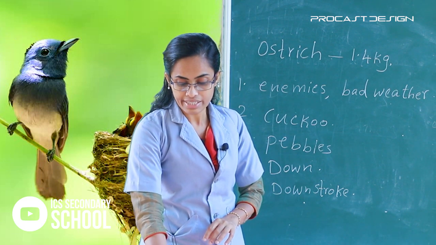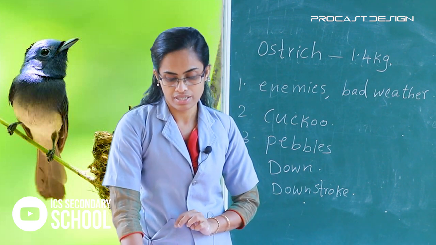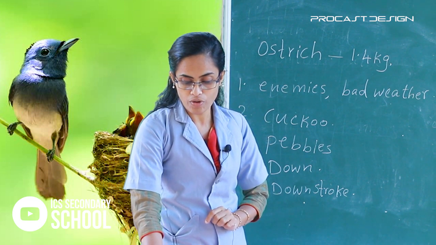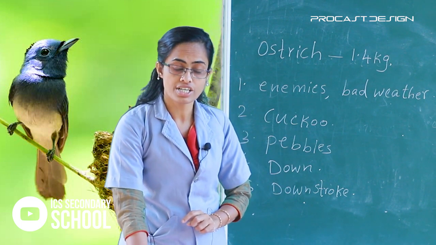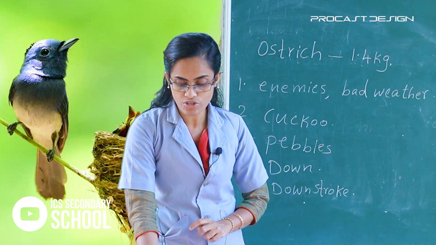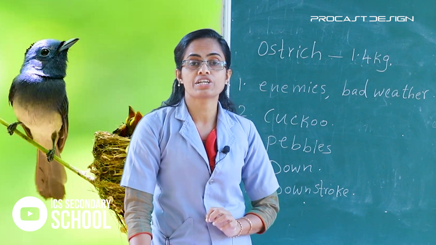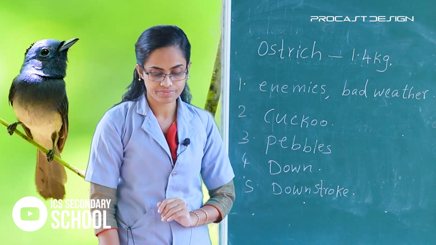And the third one, write about the nest of a tailor bird and a weaver bird. And the next one, write about flight feathers and down feathers. And the fifth one, how does a bird's boat-shaped body help it to fly? Okay, these are the questions.